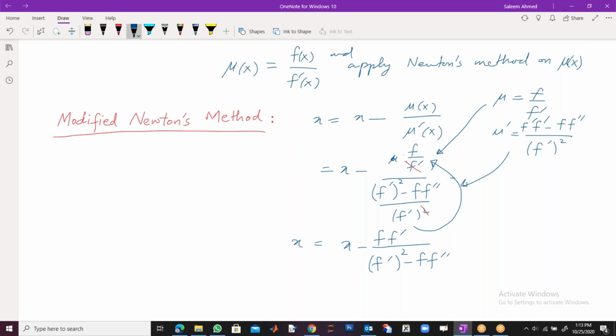So if I want to write in terms of p, not p1, p2, you remember that we replace p(n-1) here and p(n) here. Why? Because the previous point gives you the new point.